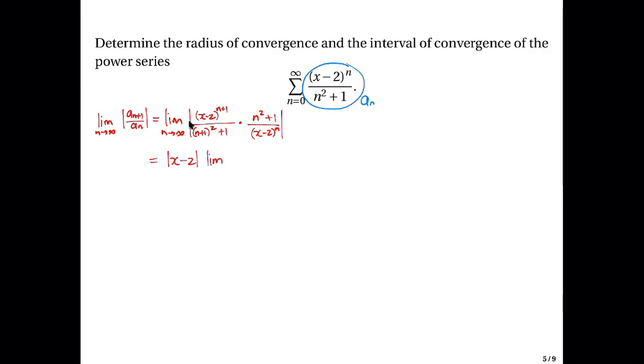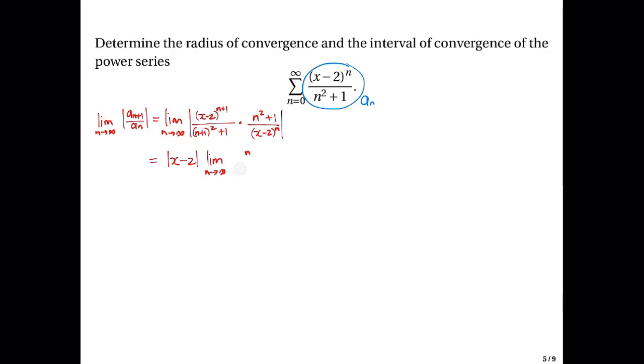From this step going to this step, it's totally fine with me. So the limit as n approaches infinity, and then we can remove the absolute value symbol for this part because what remains inside this absolute value is positive.